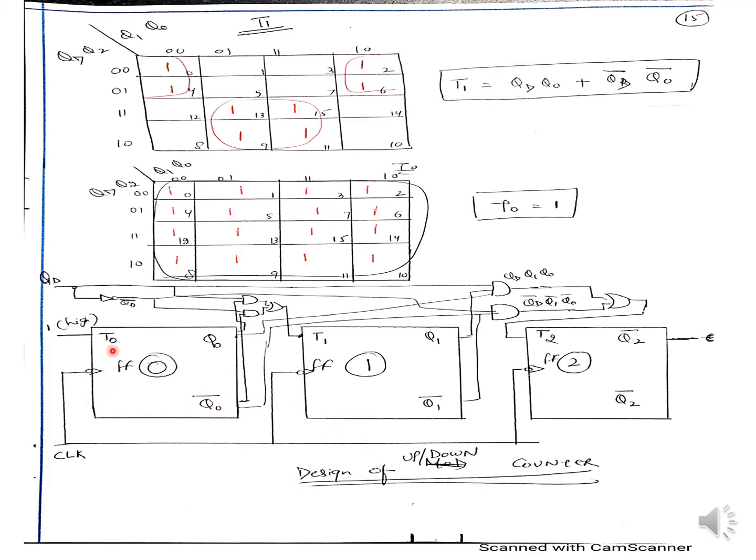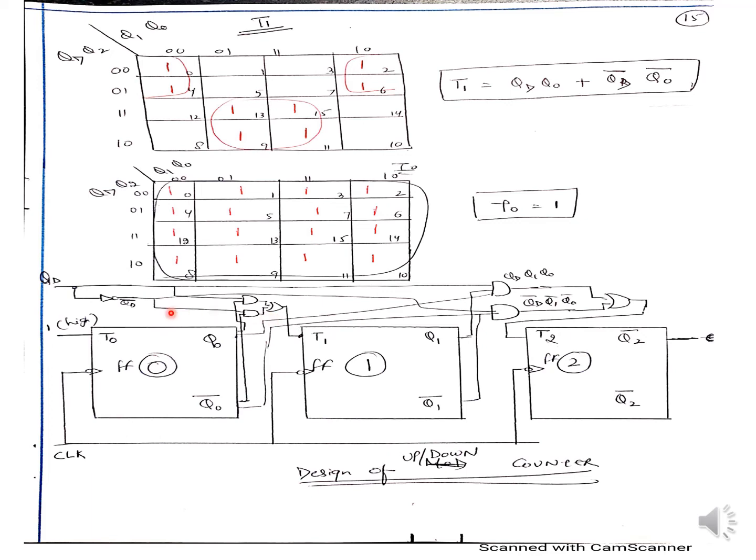So you can see, as we have done for the JK flip-flop, I have done for this T flip-flop, T0, T1 and T2. Clock pulse, first connect the clock pulse together. I have connected all the clock pulse together here, and you can see what is T0. T0 is 1. I have given it here 1. What is T1?